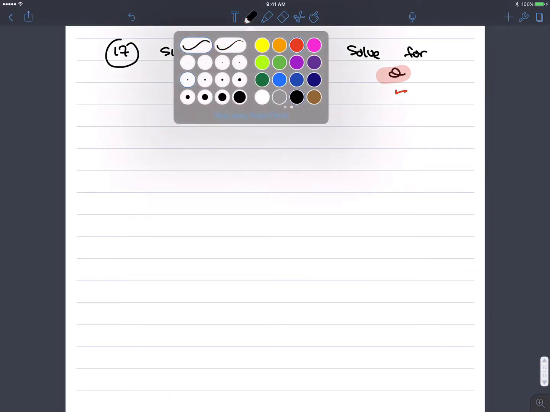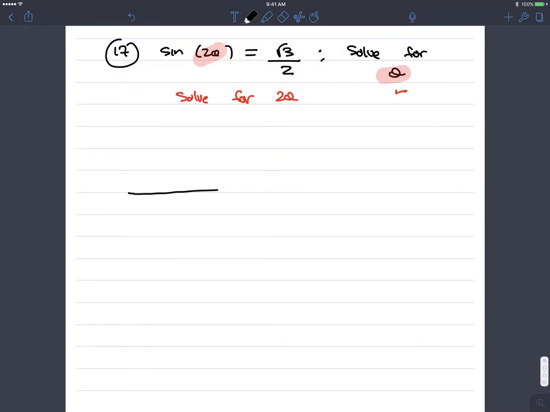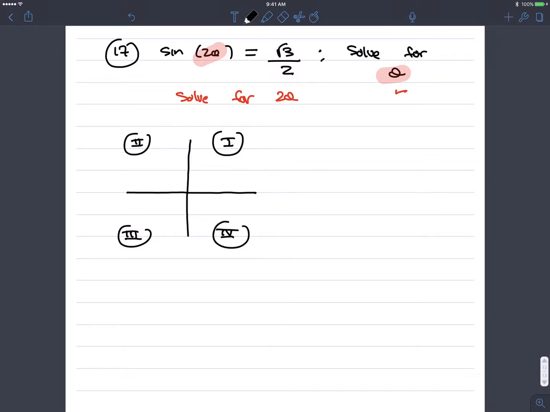Okay, let's determine now our quadrants. Quadrant 1, quadrant 2, quadrant 3, quadrant 4. You can actually think of this, remember, sine here is positive, so you can think of finding again the reference angle.